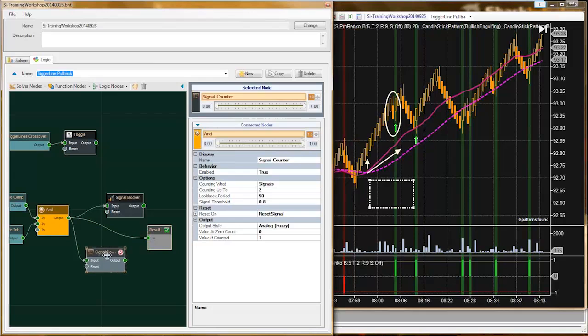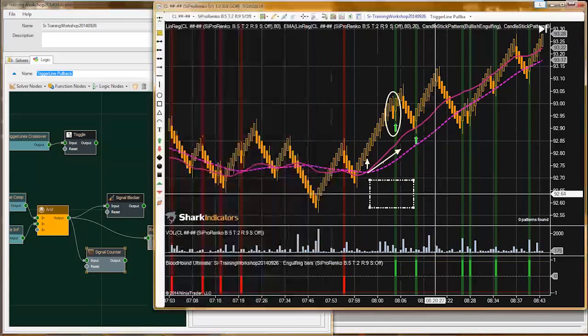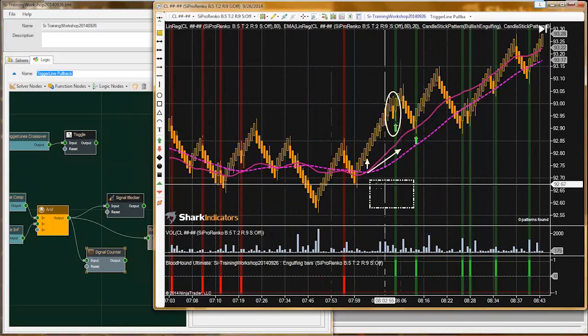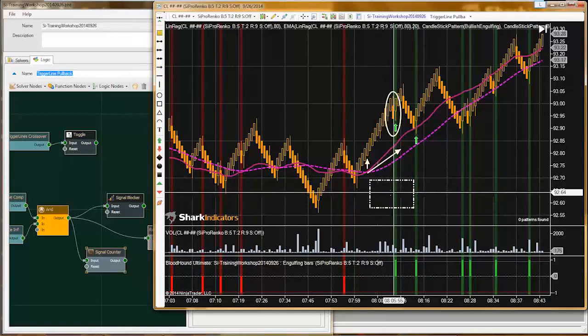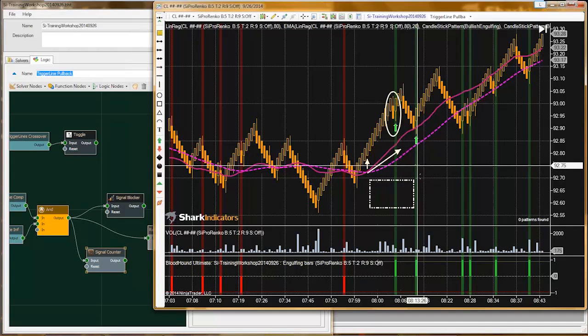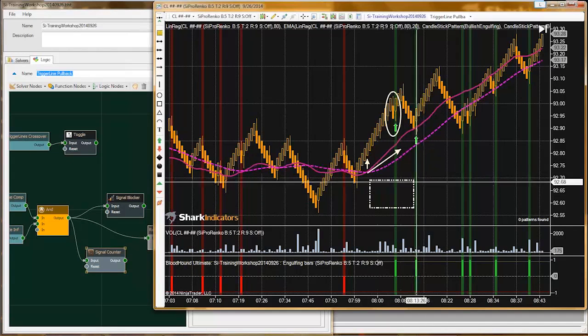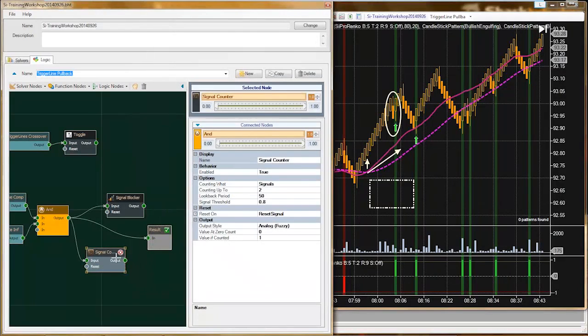And if we look at the square area, we can see we got signal 1 coming in, and then as soon as we get our second long signal, that's when the signal counter actually turns off.